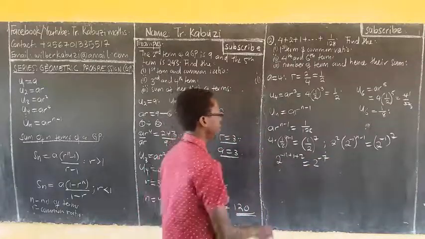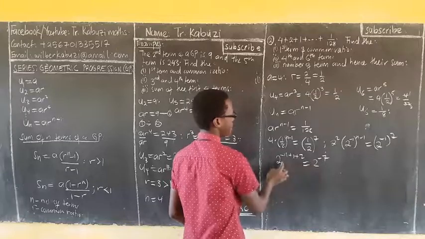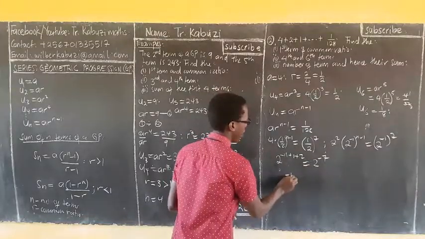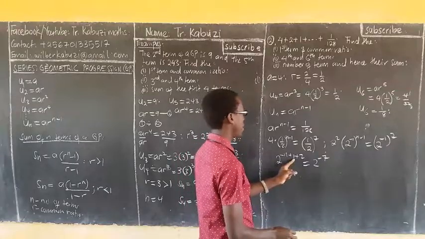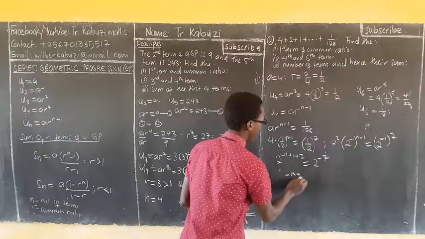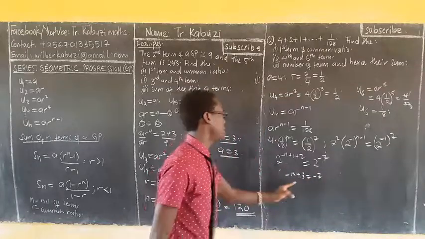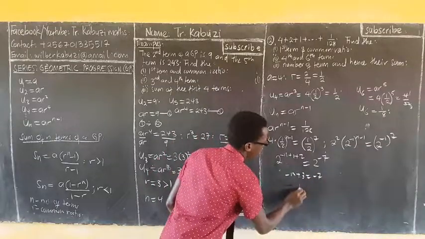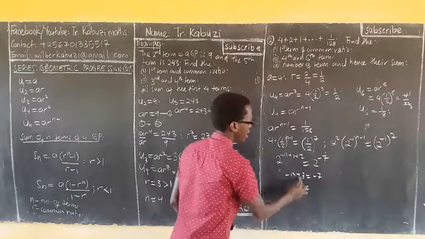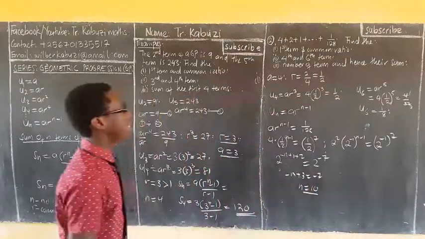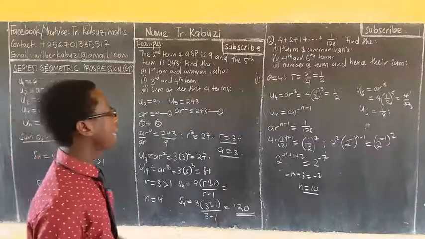If the bases are the same, the powers are the same, so negative n plus 3 equals negative 7. When I take this side, n will be negative 10 divided by negative 1, so n is 10. Those terms are 10.